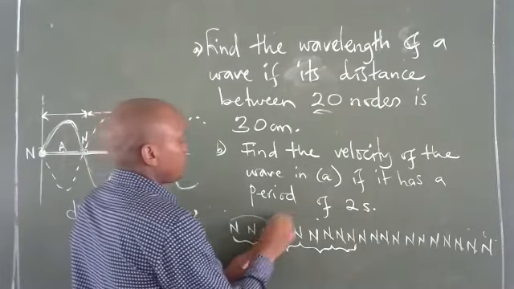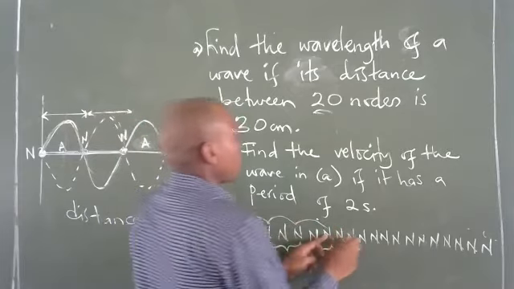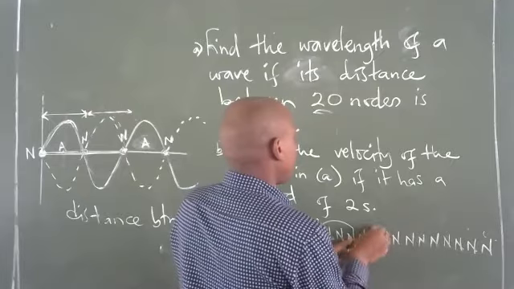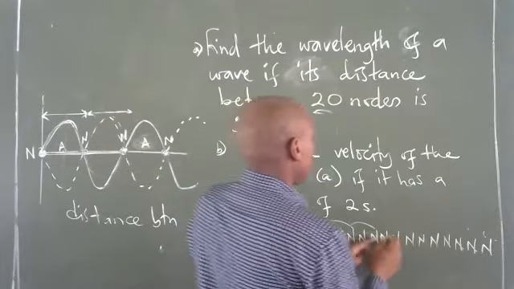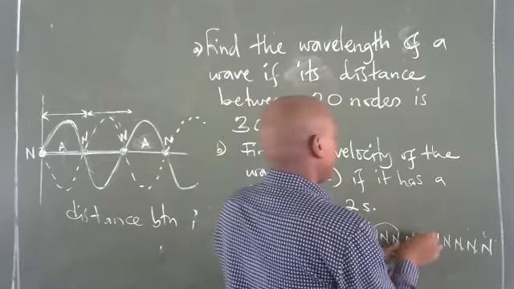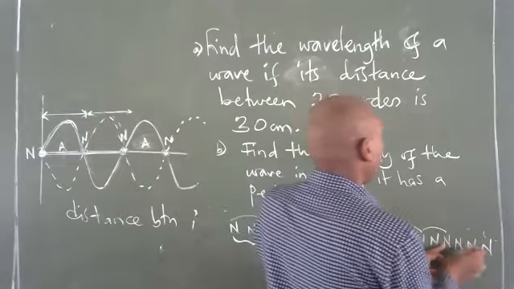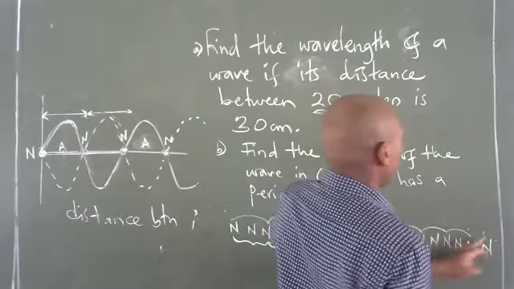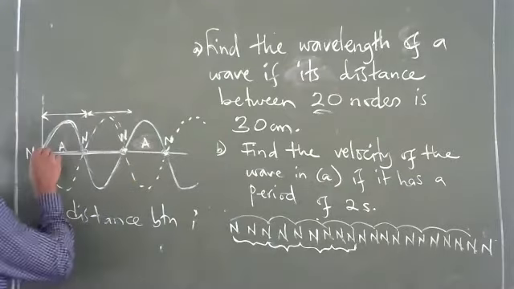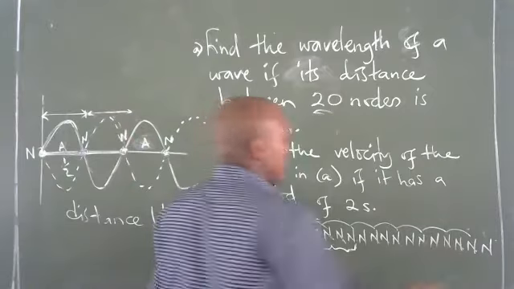1, 2, 3. 1, 2, 3. And this is between any node and the node. Between a node and a node is a half. So we have some half left.